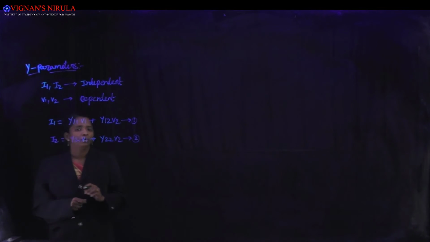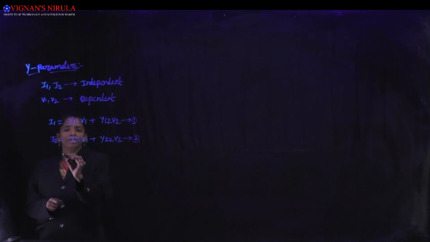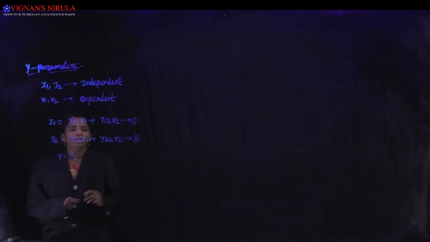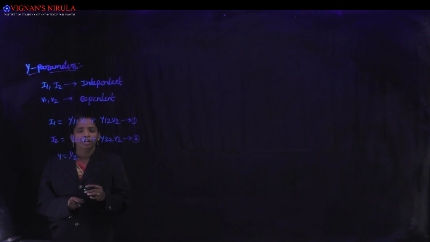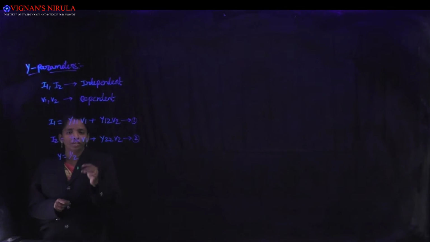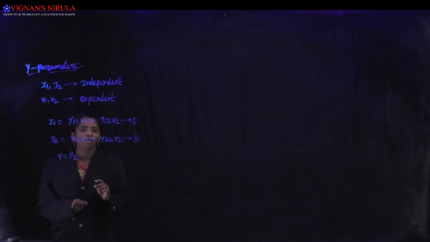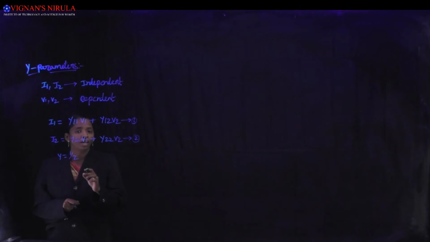I have one doubt. We know Y equal to 1 by Z. Already we have calculated the Z parameters, or we have written the equations for Z parameters. Now why are we going to calculate Y parameters? At high frequencies, Z parameters we can't calculate. That's why we are going to calculate Y parameters also. Okay.